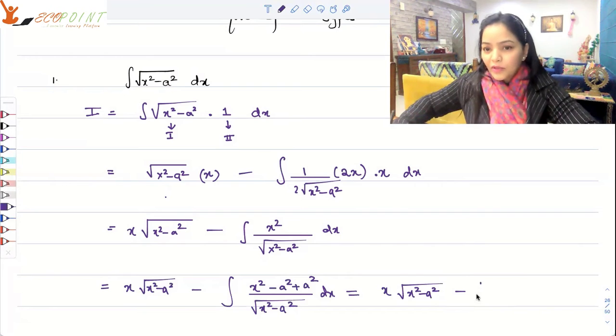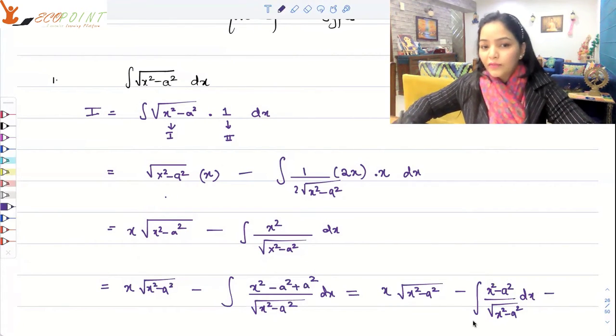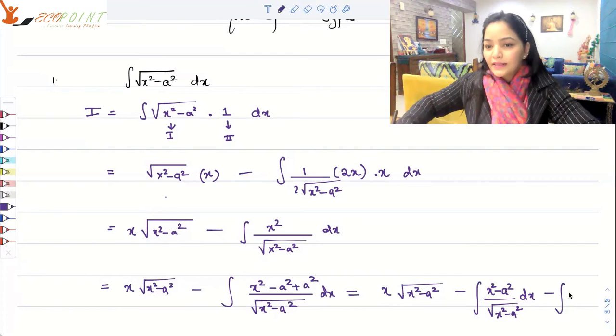Or in other words, let's just break it up. So you have x square minus a square upon square root x square minus a square dx. And then you have plus a square, but you have a minus sign outside in this integral. So it's going to be minus a square upon square root of x square minus a square dx.